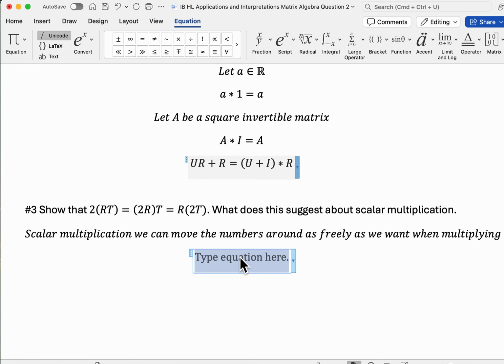And in general, I can let 2 be any scalar, call it k. Then that same result will also hold, that I get k(RT) equals (kR)T equals R(kT).